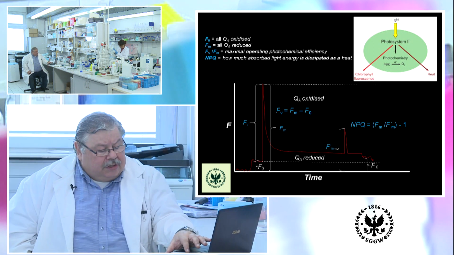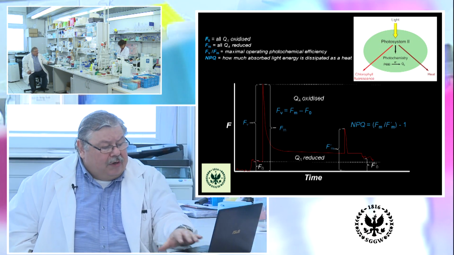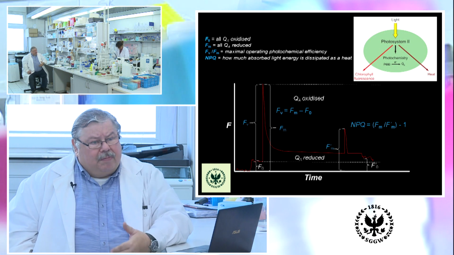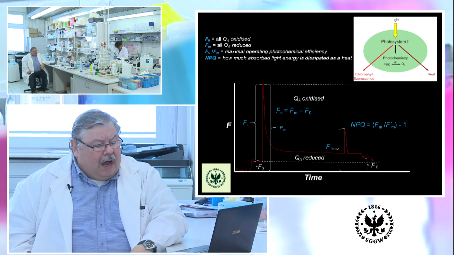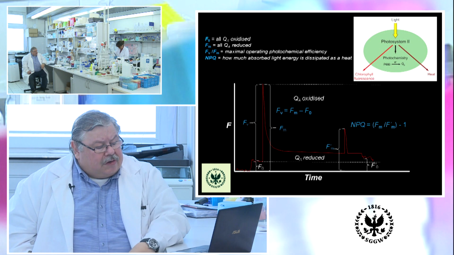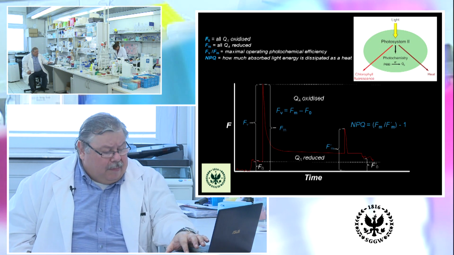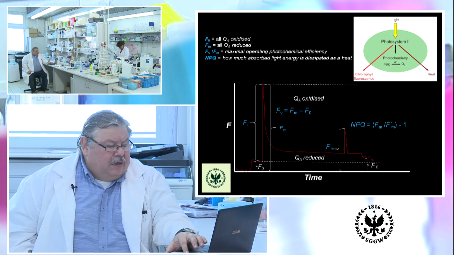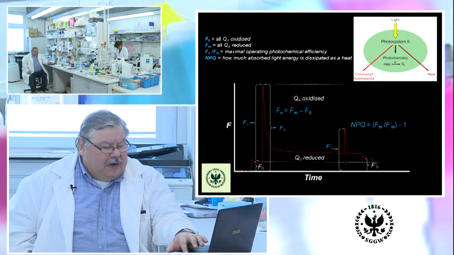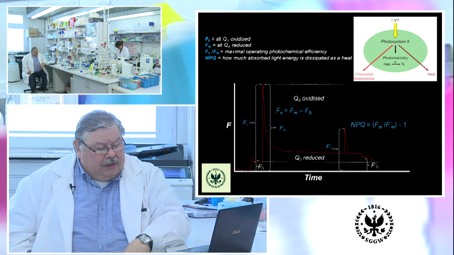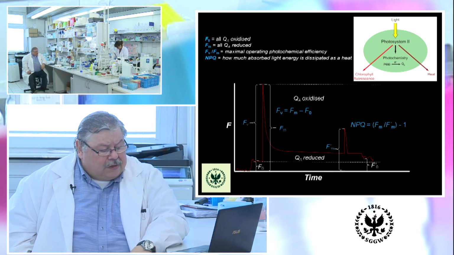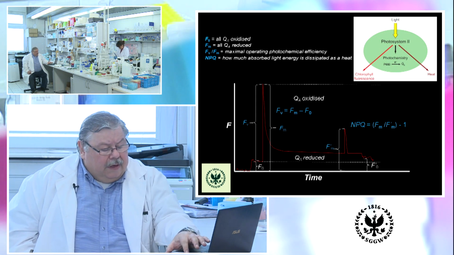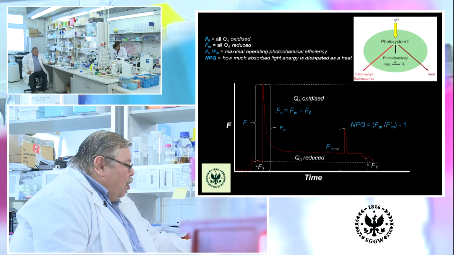And this is quite important because we know that NPQ is described by a mathematical formula, but it is described on the basis of modulated fluorescence parameters. It should reflect the heat channel. However, I will show in the presentation that it is mostly reflecting the fluorescence channel.